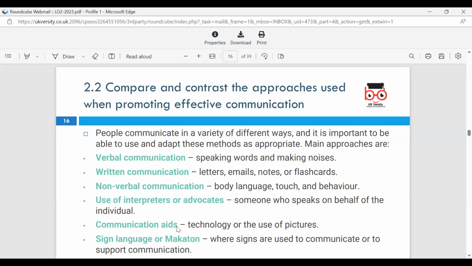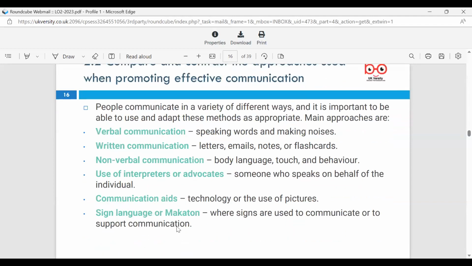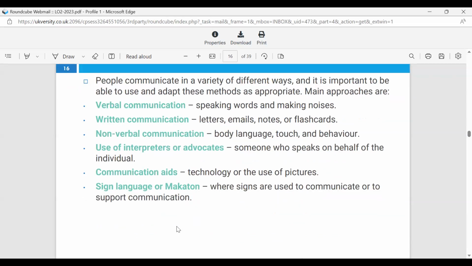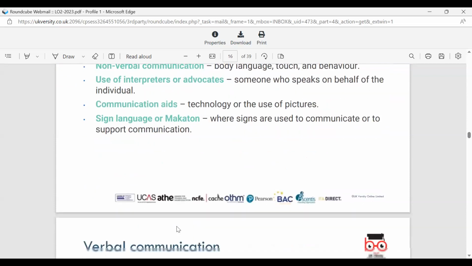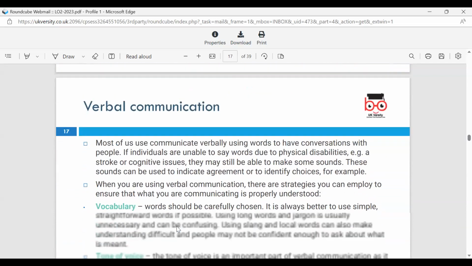Written communication, and that could be letters, emails, notes, or flashcards. Non-verbal communication, that could be body language, touch, and behavior. The use of interpreters or advocates, that could be someone who speaks on behalf of the individual. Communication aids, that could be technology or the use of pictures, and sign language or Makaton, where signs are used to communicate or support communication.